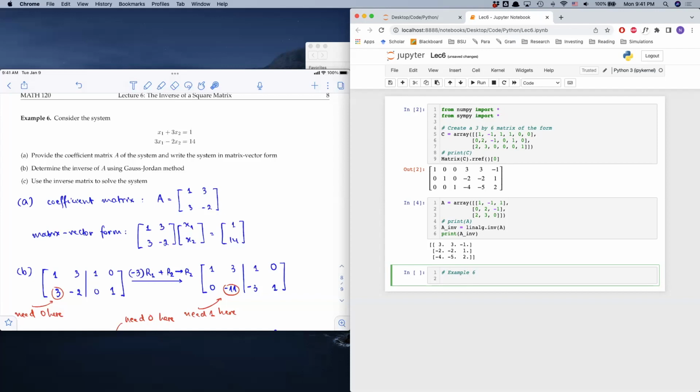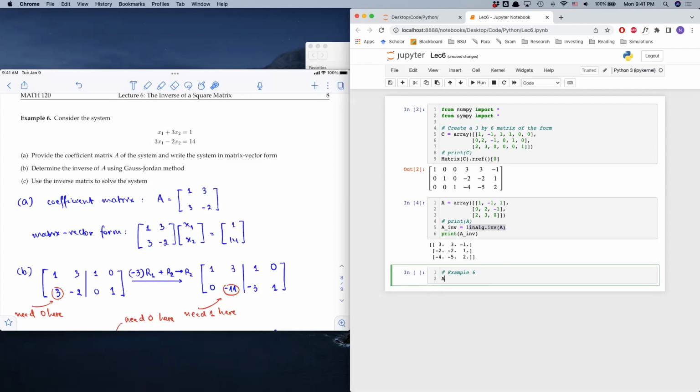What we want to find is the inverse of the matrix A. There are two ways to do that. Either you create a 2 by 4 matrix and find the reduced row echelon form, or you can just use this command to obtain the inverse of the matrix A. So I'm just going to do that.